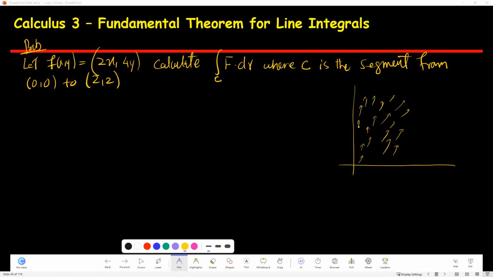You can draw this kind of field on the other side too, but to save some time we're not going to draw it. Here it goes this way, here it goes this way, but I'm interested only in the first quadrant.